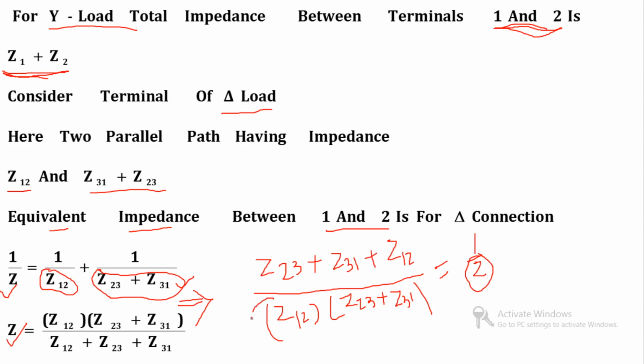So this part will be in the numerator, equal to Z12 into Z23 plus Z31, and this part will be in the denominator, Z12 plus Z23 plus Z31. That is the value of the equivalent impedance between terminals 1 and 2 for delta connection.